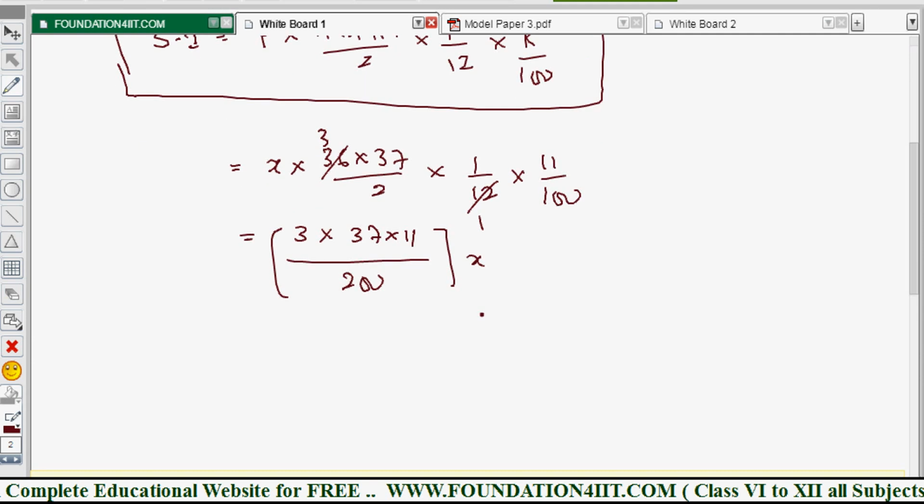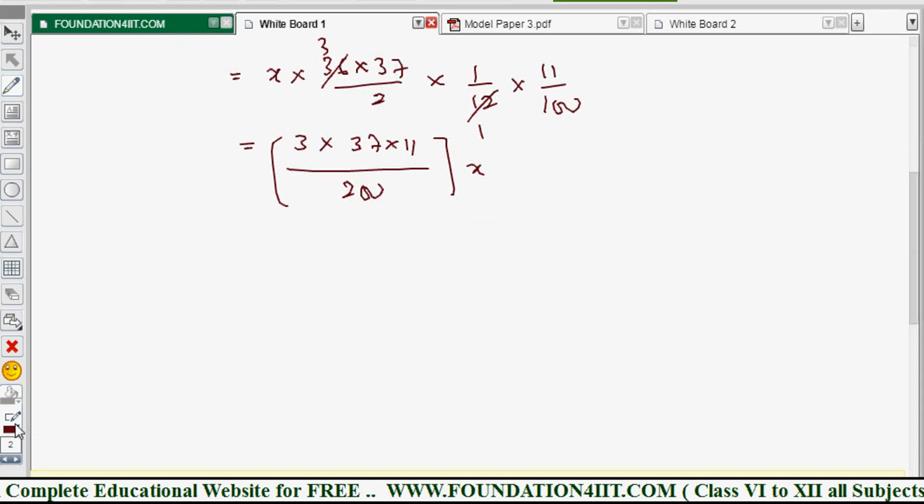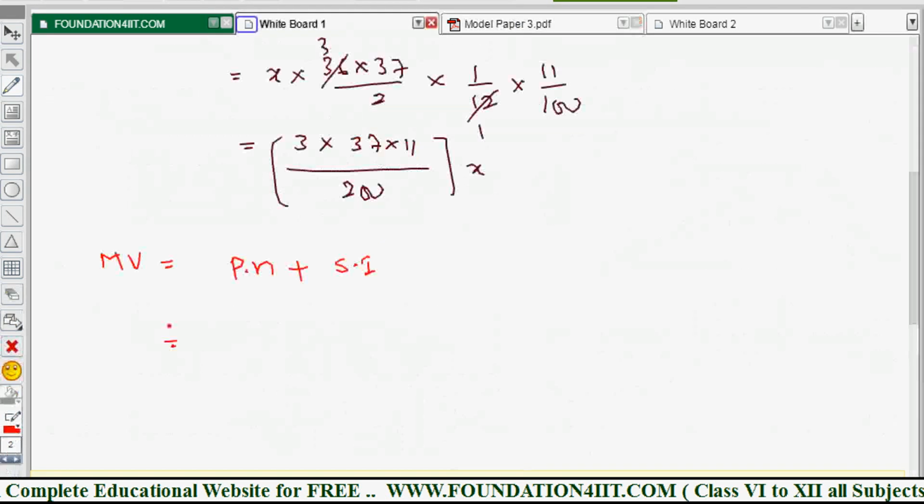Now according to the question, the maturity value is equal to P into n plus simple interest, that is the principal for every month into the number of months plus simple interest. The maturity value given is 16,842.